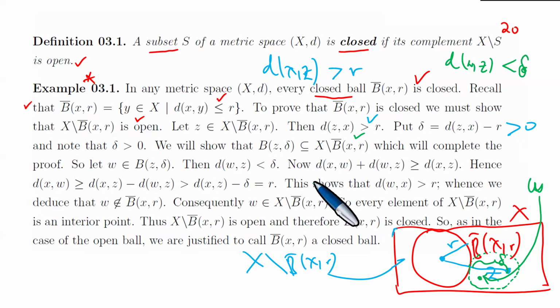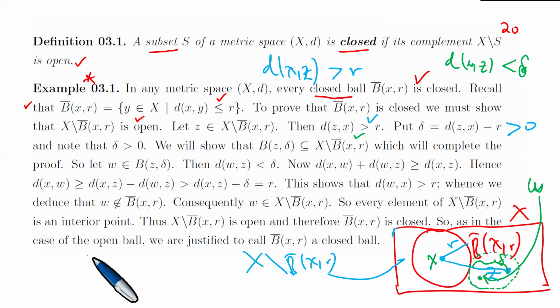Now, we can use the triangle inequality: the distance between X and W plus the distance between W and Z is bigger than the distance between X and Z.